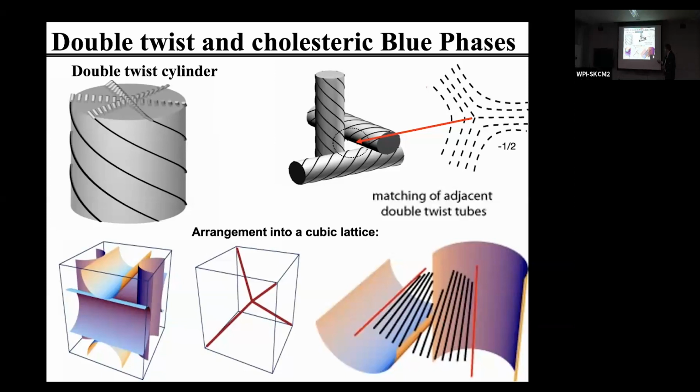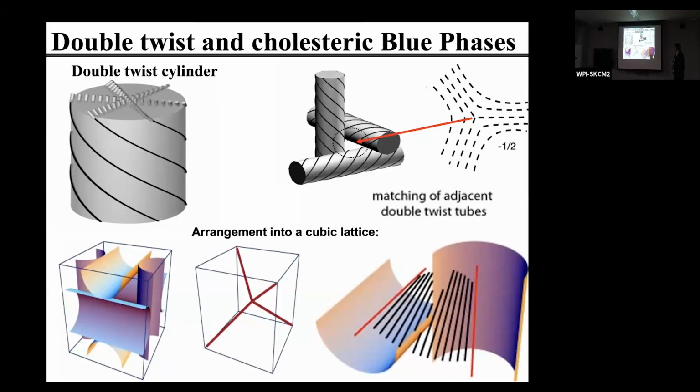And so instead, what happens in these materials is that this twisting is terminated at about 45 degrees or so of this double twist tube.